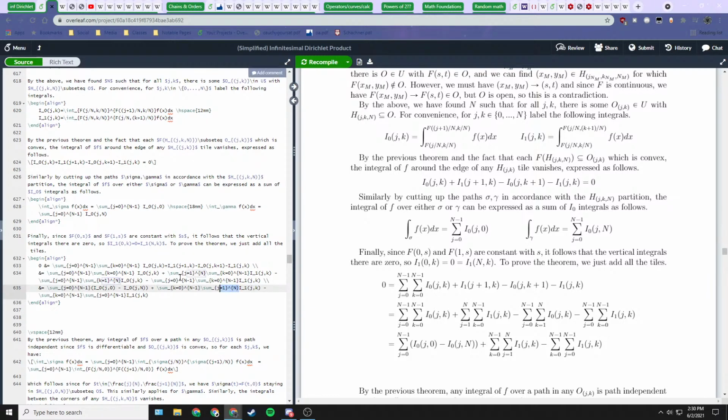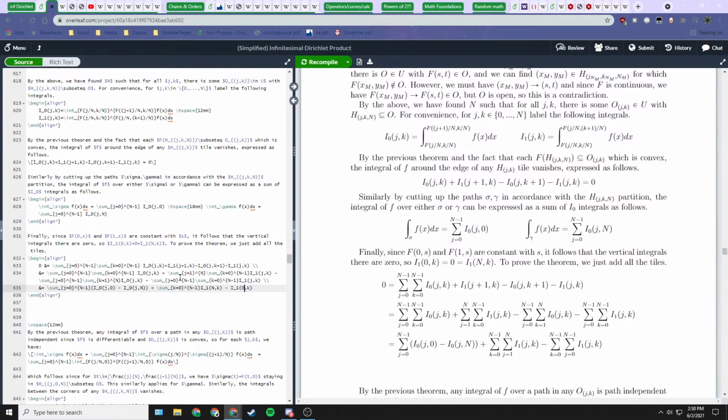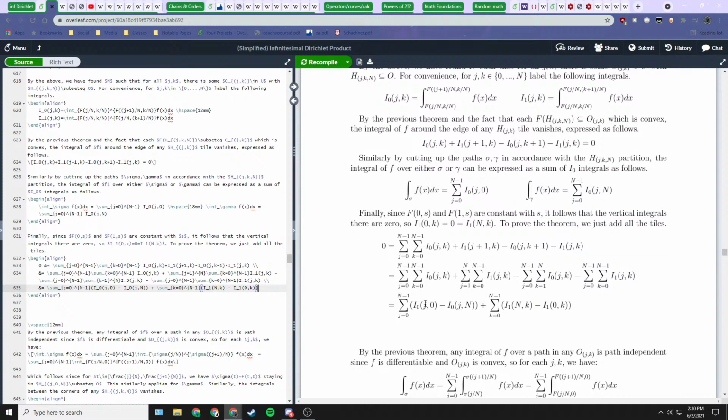So this one will get the j being n, and this other one will get j being 0. We'll put these in parentheses. Okay, that seems good. So then the sum of I0 terms with j0, and the sum with jn, this is just the sigma integral minus the gamma integral.